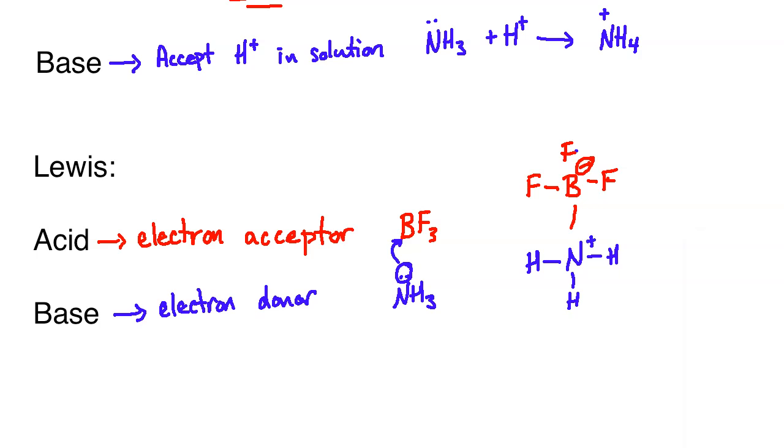So you would come up with a complex that looks like this, and that would be a Lewis acid and a Lewis base. This is the broadest definition of acid-base that you can have, and it's very important to realize that once you get to Lewis, everything else, the Bronsted-Lowry and the Arrhenius, all fall underneath Lewis. Lewis is the broadest category that you can get when you're defining these.